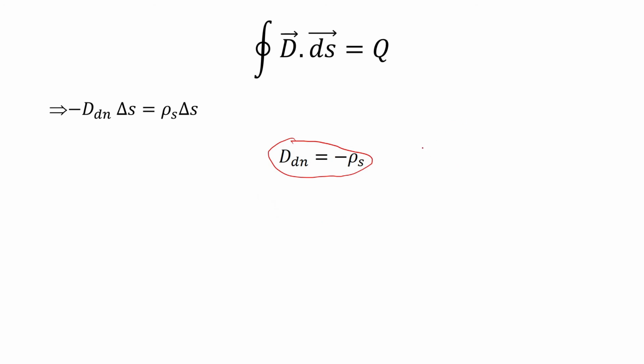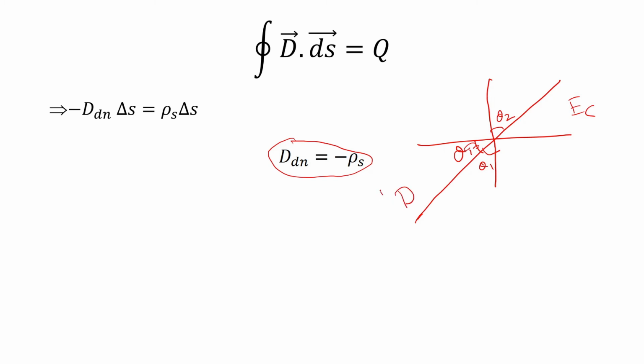So upon equating, I would get that the normal component is minus rho s. The normal component being negative means I have an electric field which I assume to be traveling like this, angle theta 1 with the normal and angle theta 2 with the normal at the conductor and at the dielectric. In that, I have established that this is equal to 0.